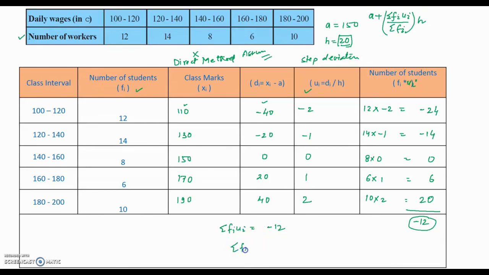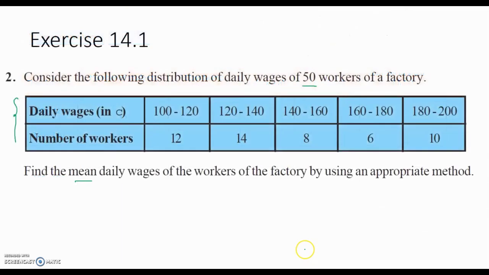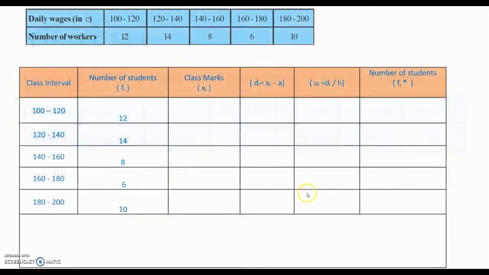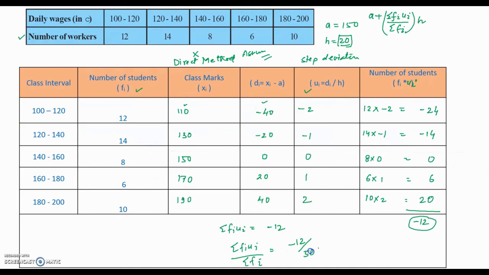What is sigma fi ui by sigma fi? This will be minus 12 divided by sigma fi. Sigma fi is nothing but the number of workers here, which is 50. It is given 50 here, so we'll divide by 50.